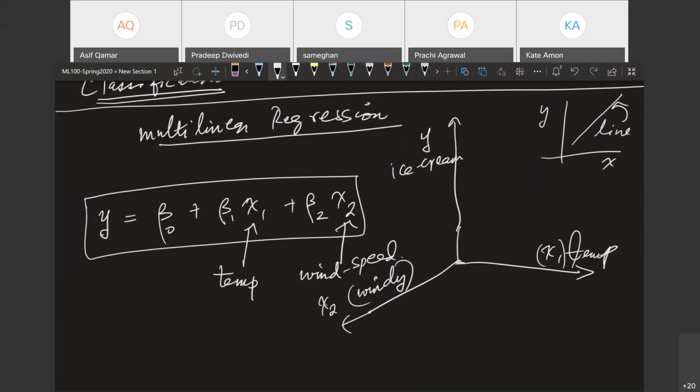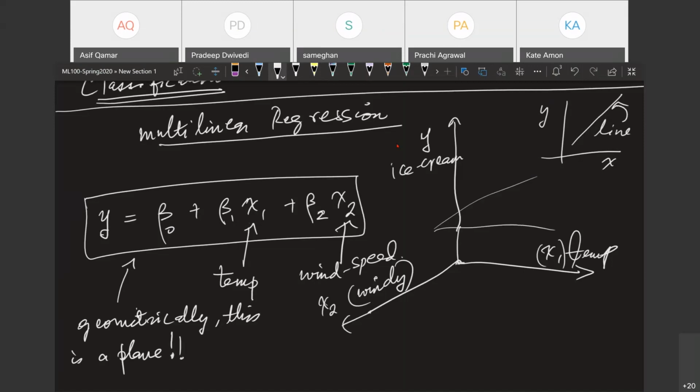Yes, it will represent a plane. Geometrically, this is a plane. And these are the partial slopes, like slopes in the x1 direction and x2 direction of the plane. So it will be some plane rising up from here. Let me use some other.